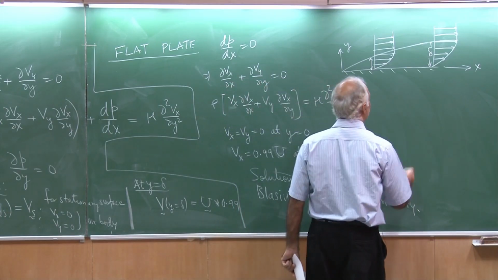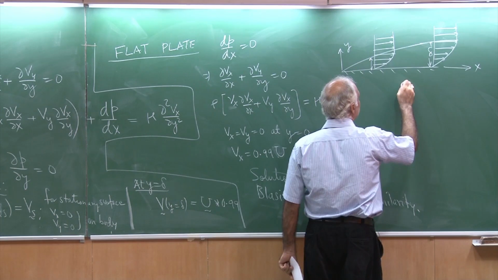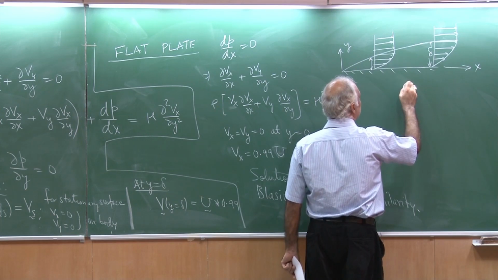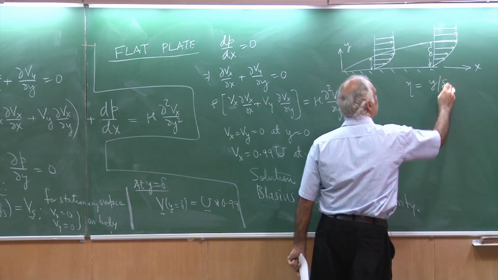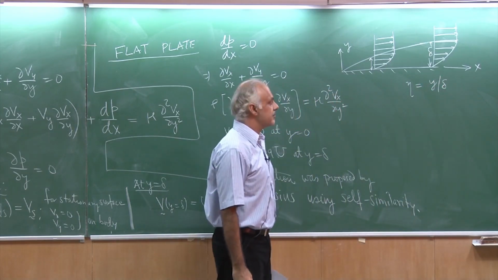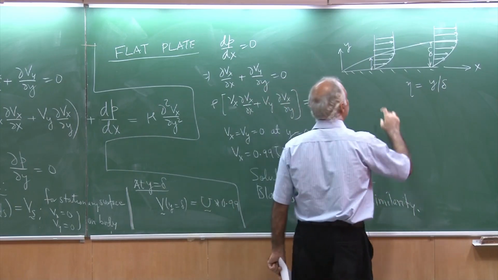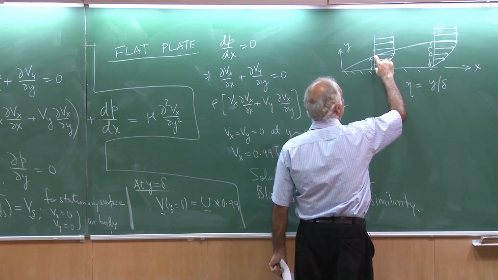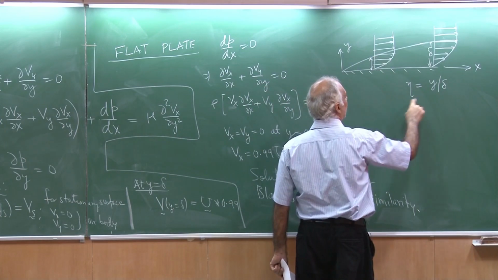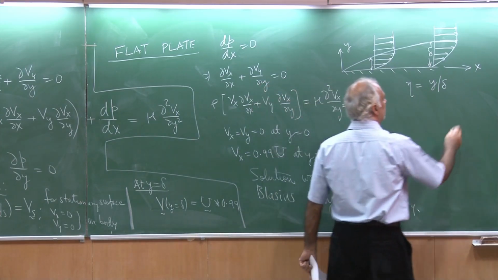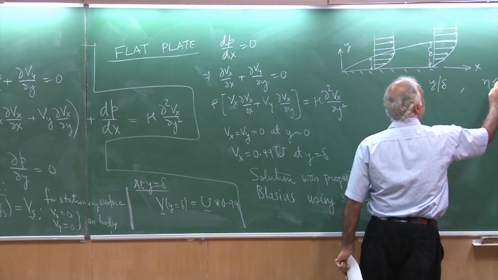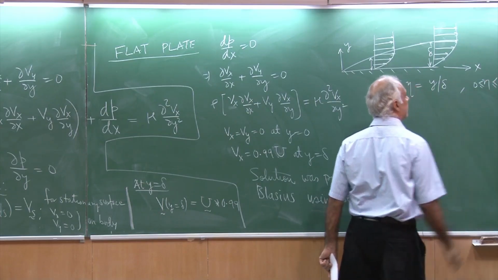He said that if I non-dimensionalize y with delta, so let's define eta as y by delta. So I take, instead of the y coordinate, eta for this. So it will always go from 0 to 1 inside the boundary layer. So you can see eta is going to vary between 0 to 1.